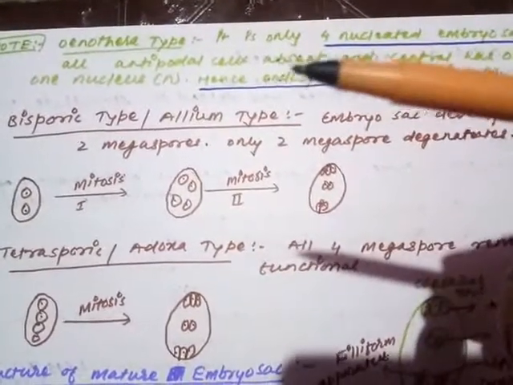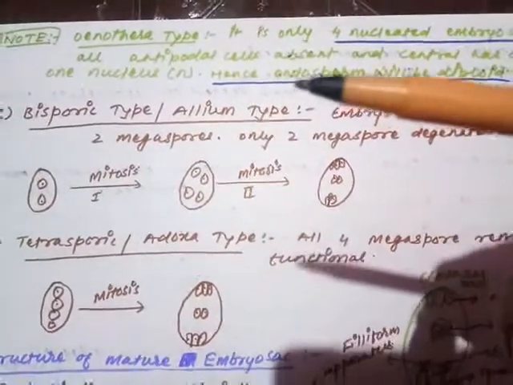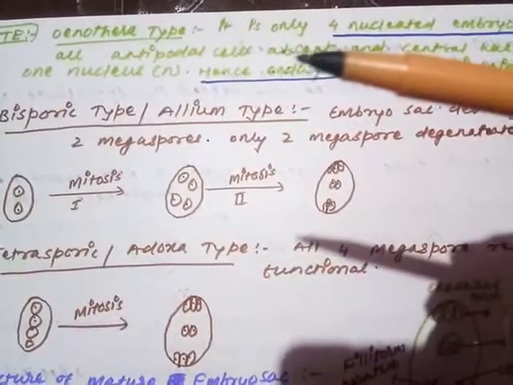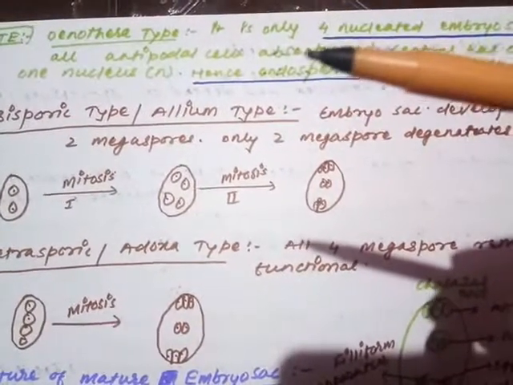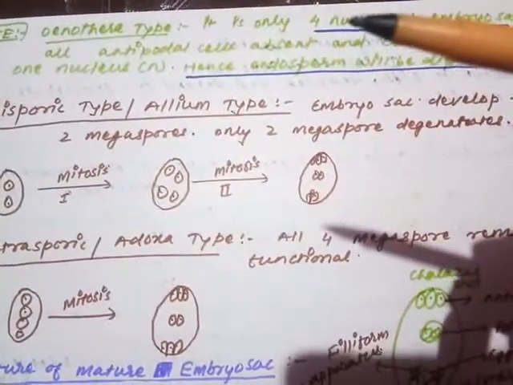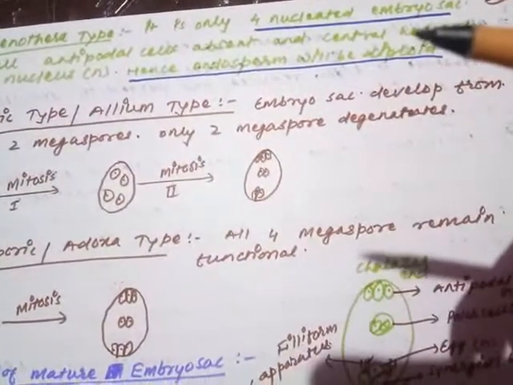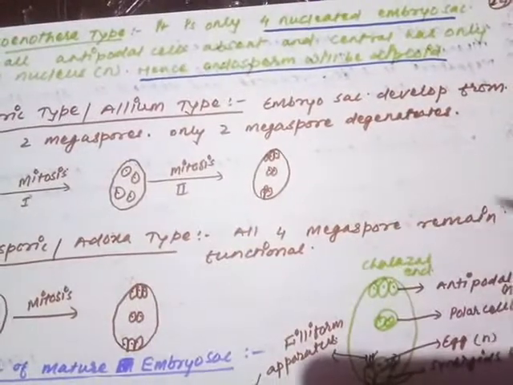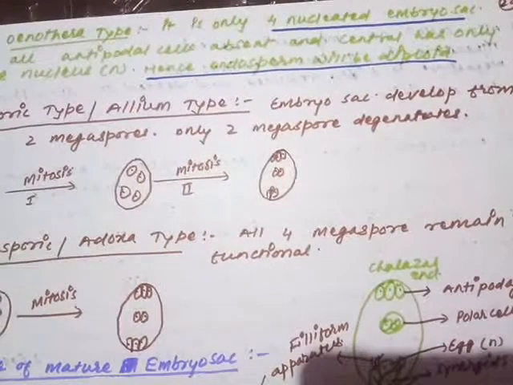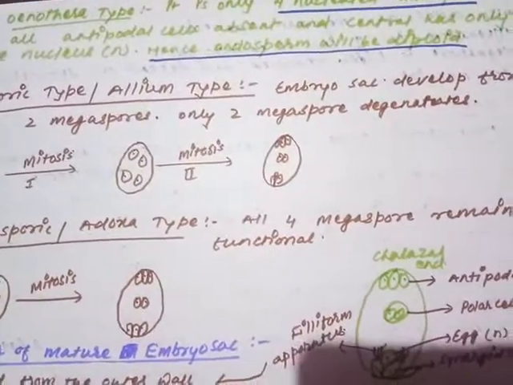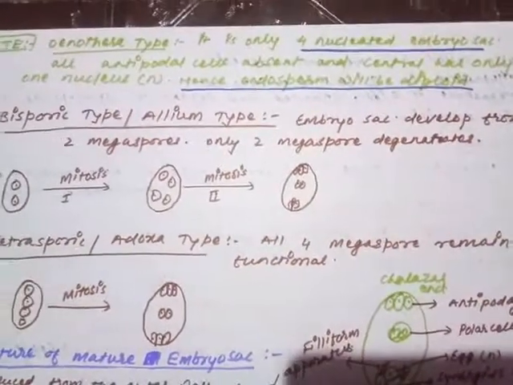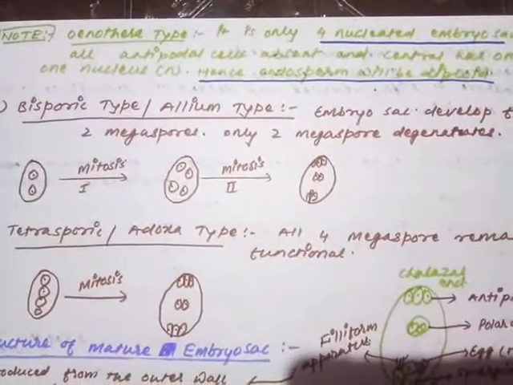Remember, in the Oenothera type, all the antipodal cells are absent, meaning 3 nuclei are not present, and the central cell has only 1 nucleus. So 3 nuclei are present at the micropylar end, in the egg apparatus, and only 1 is present in the central cell. Is it clear now? 3 plus 1, 4 nuclei.